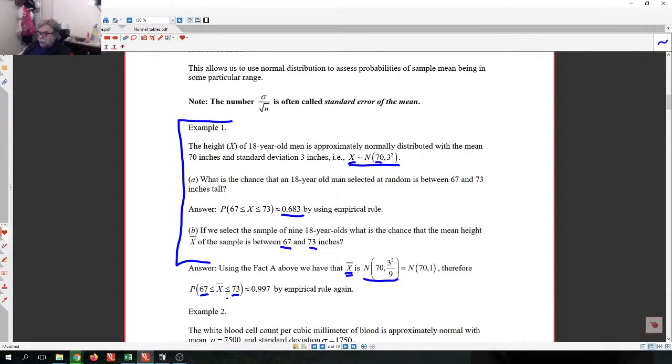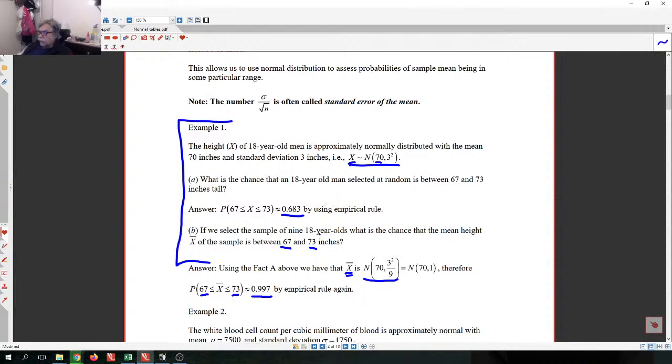So this is the empirical rule, the third part of the empirical rule. If you go 3 standard deviations back and forth, you get 99.7%. So if there is a 68.3% chance that a single 18-year-old will have a height between 67 and 73, we can say it's approximately 2 out of 3. 2 out of 3 18-year-olds will be between 67 and 73 inches tall, which is 5'7" and 6'1".